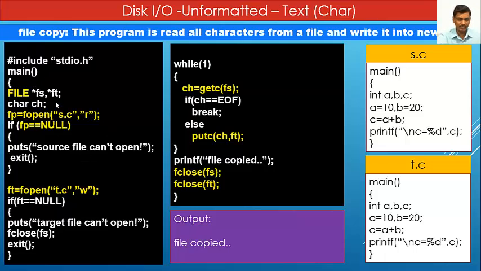So this program path is different from the file path. Then we must put the file path, d:\program\s.c. We want to put double backslash, not single backslash.